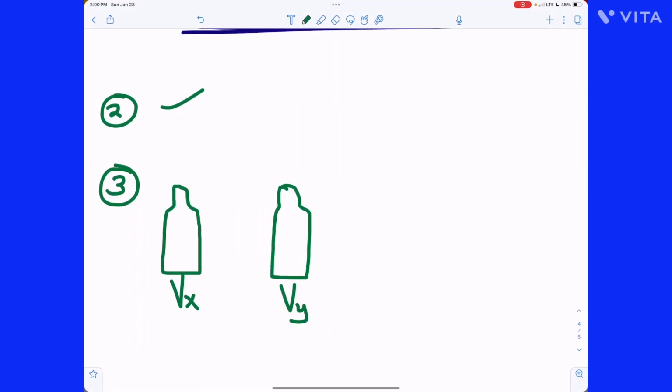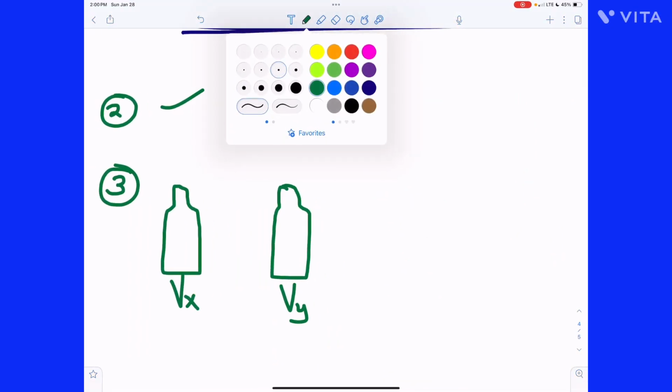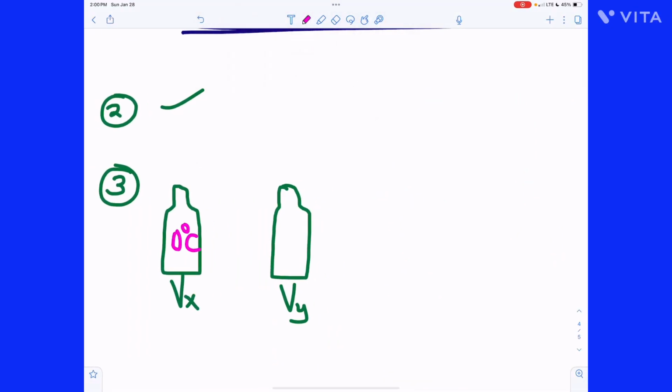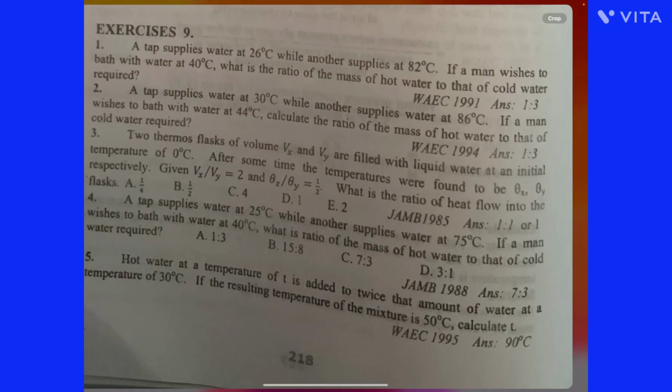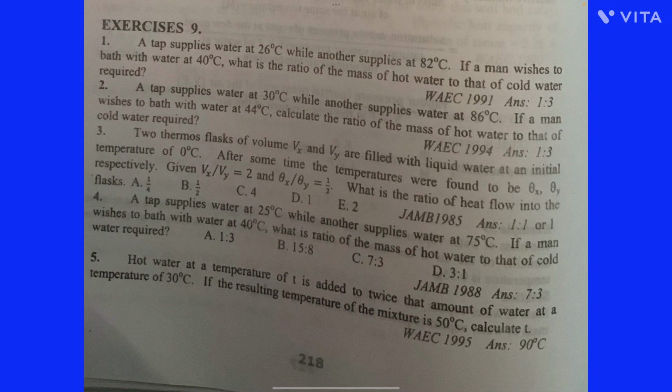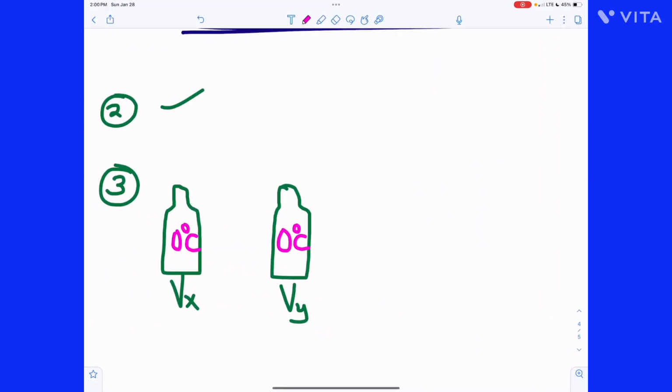The question now says, after some time, the temperatures were found to be theta x and theta y, respectively.